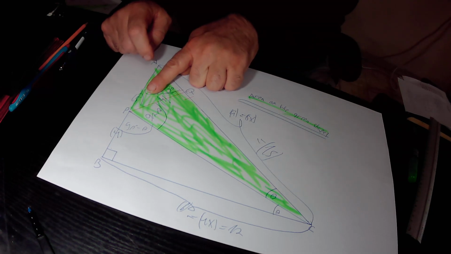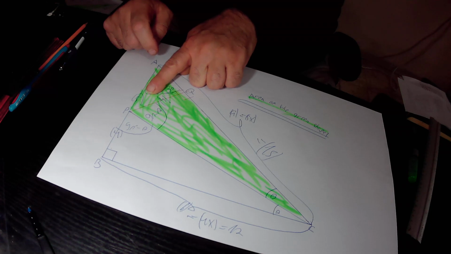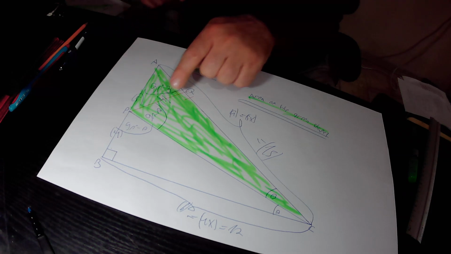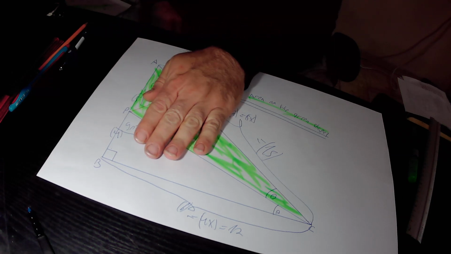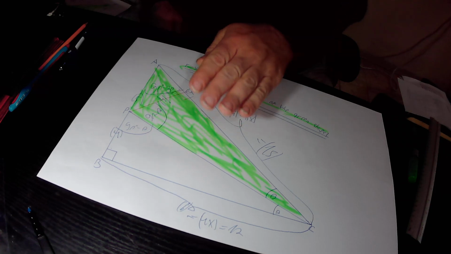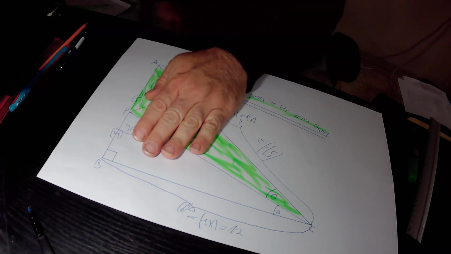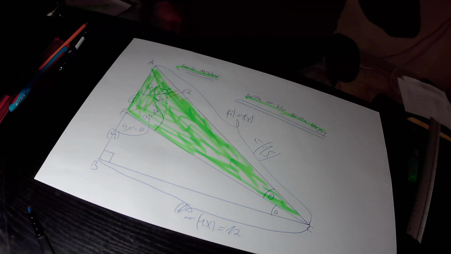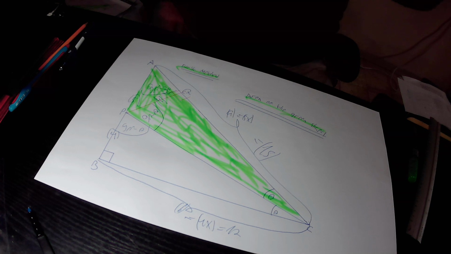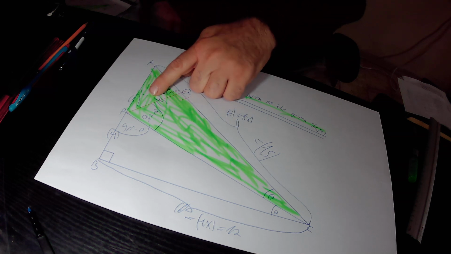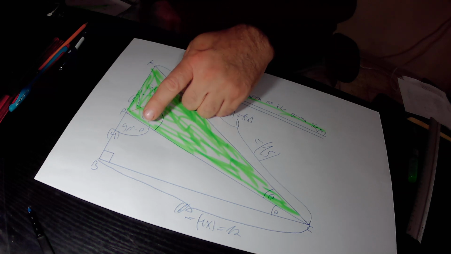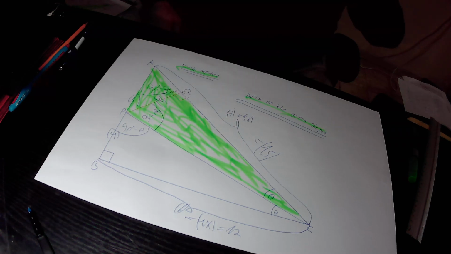Why does this angle equal theta? It equals theta according to rule 3. Rule 3 says that the sum of the angles on one side of a straight line is equal to 180 degrees. So the sum of the angles on this side of line AB at point P must be 180 degrees. That is to say, y plus 90 degrees minus theta plus 90 degrees minus theta equals 180 degrees.